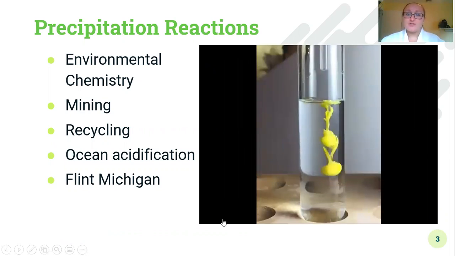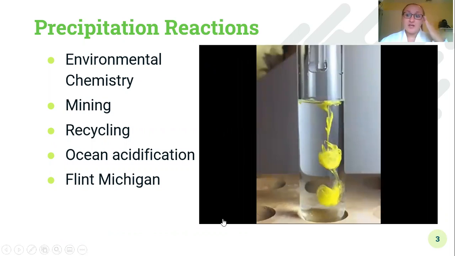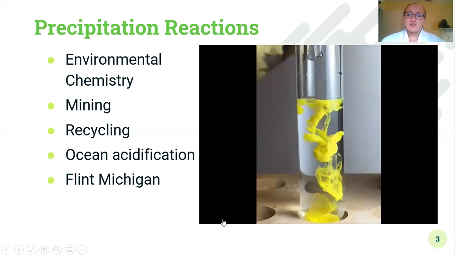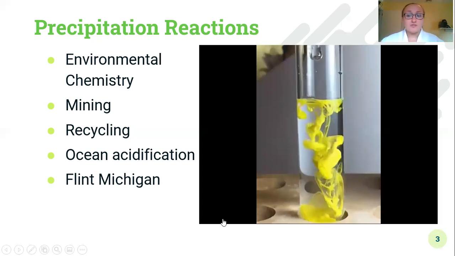They have direct uses in mining and in recycling for recovering metals from their ore or from recycled materials. They're also really important for understanding ocean acidification and the chemistry behind the Flint, Michigan water crisis. So precipitation reactions are really important. It's a reaction we're going to be developing our fluency in and spending a lot of time on.